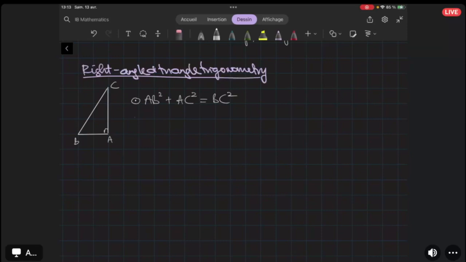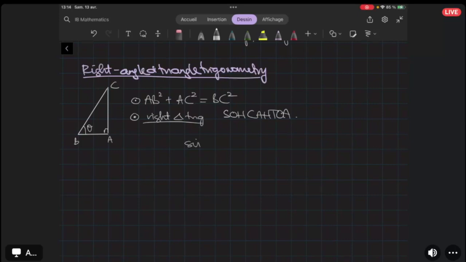From there, probably in grade 9 or 10, you start talking about trigonometry. The Pythagorean relationship tells you the length, and the trig starts giving you a sense of the angle in that triangle. Right triangle trigonometry is basically SOHCAHTOA.